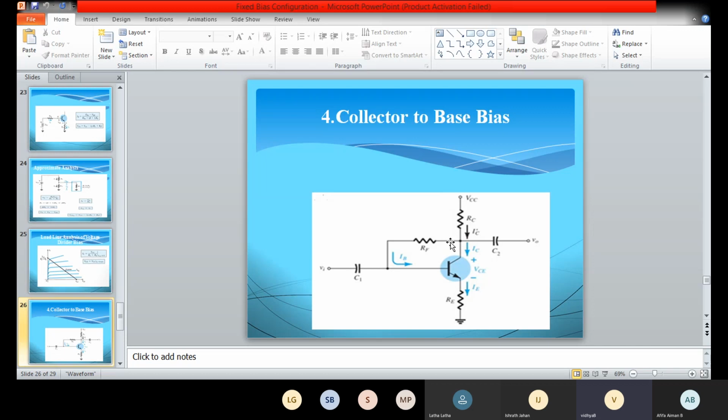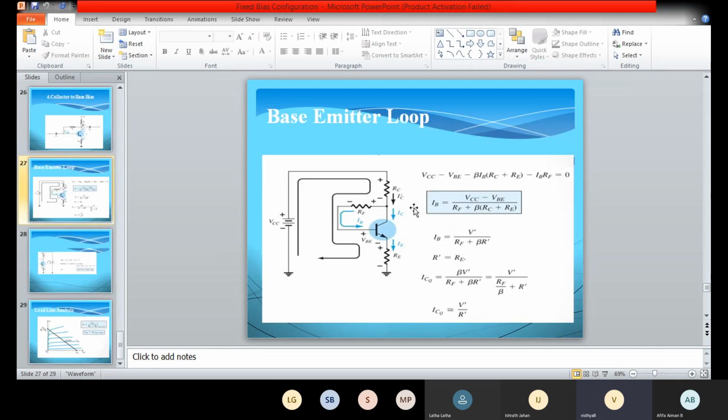In this collector to base bias, a resistance is connected for the base, and for the collector, two resistances: one from the base side and one from VCC. Here is the common emitter side. For the DC equivalent circuit, the capacitor becomes an open circuit.